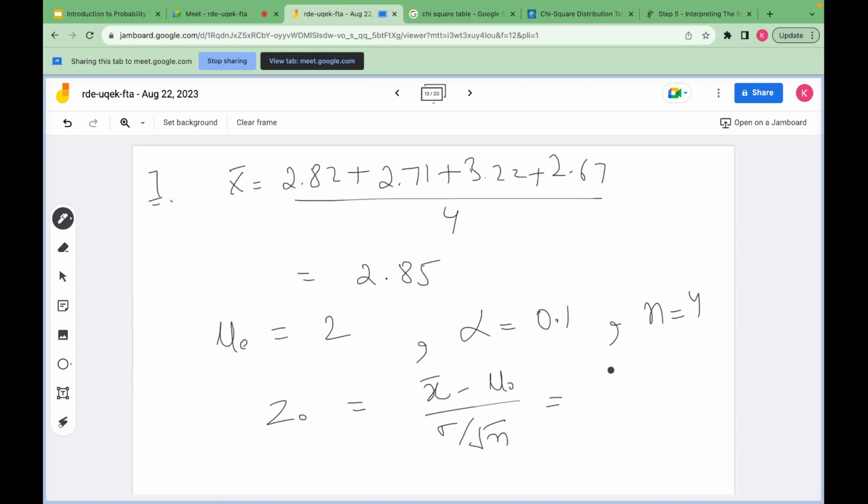X bar is 2.85, mu naught is 2, sigma is 1, and it is divided by 2. This value comes out to be 1.7.